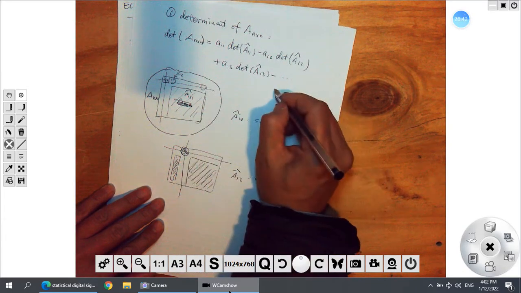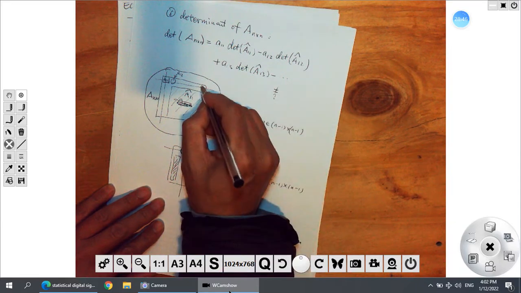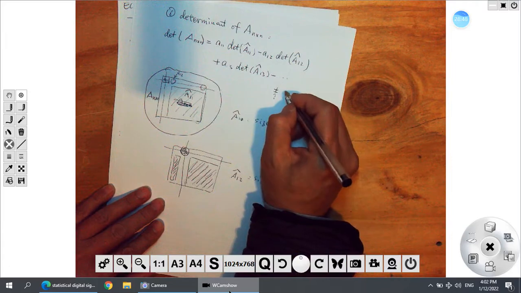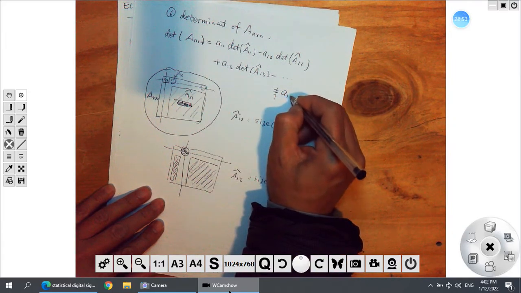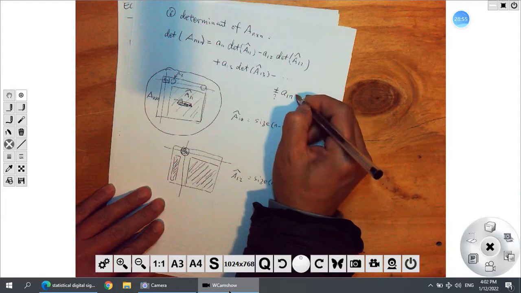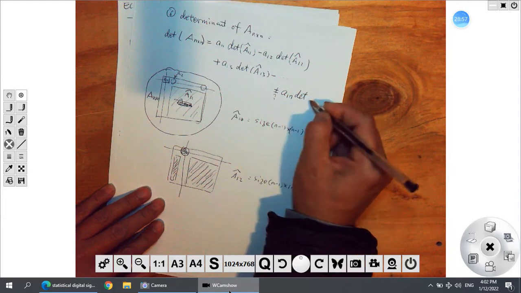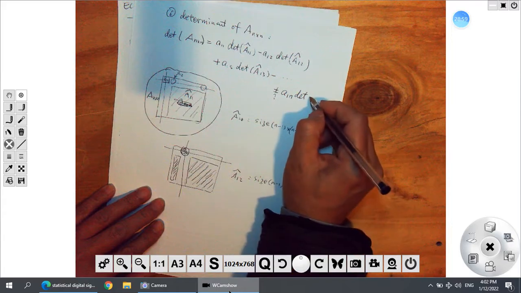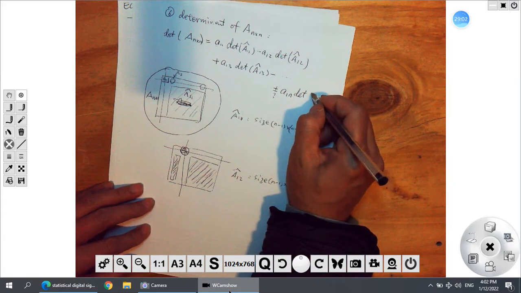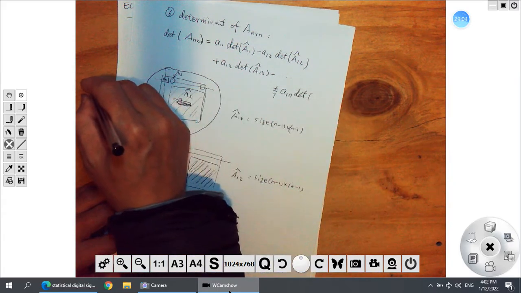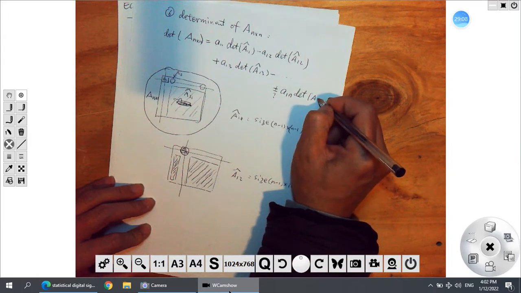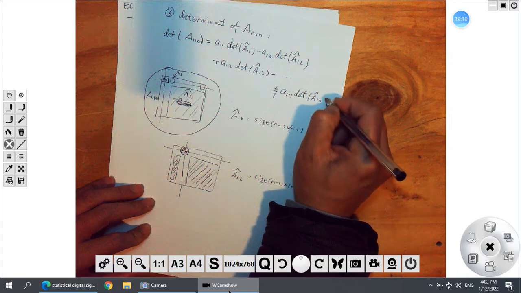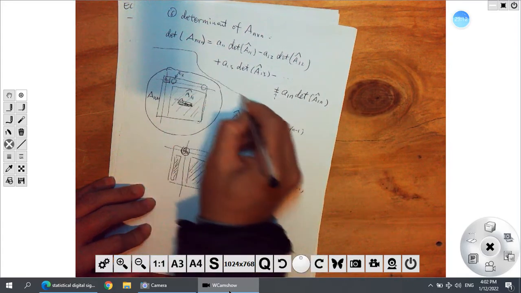So the last one will be plus or minus depending on whether n is odd or even, times the first row's last element times the determinant of the rest part of the matrix after we remove one row and one column. This is A hat 1n. Okay, this is the definition.